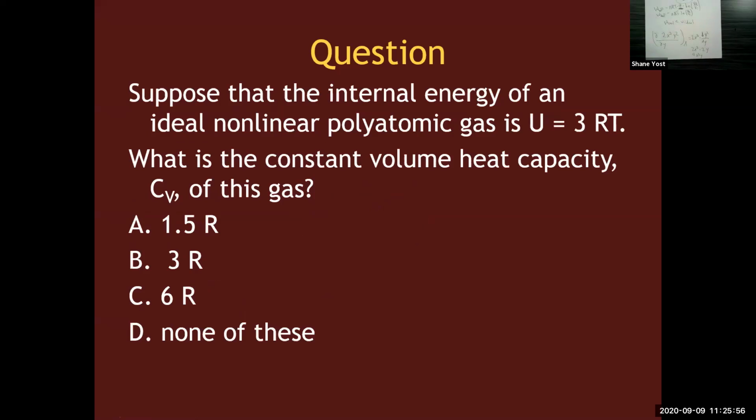So let's say I know the internal energy for a nonlinear polyatomic ideal gas: U is equal to 3RT. What is the constant volume heat capacity, C_V, of this gas? 1.5 R, 3 R, 6 R, or none of them?